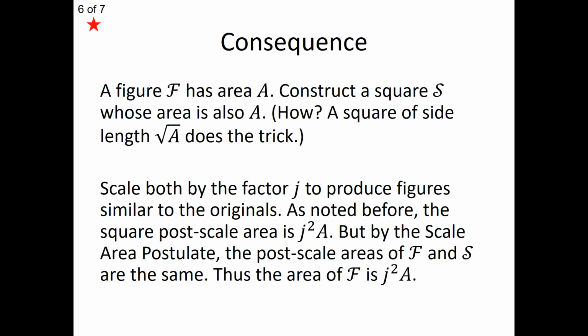Simple: let's give it a side length of the square root of A, which means when we square that, it has the area of A. Now, if we scale both figures by j, to produce figures similar to the originals, we find that the area of the square is j squared times A. So by this scale area postulate, the post-scale areas for both our given figure F and the constructed square S are the same. And that means F also has j squared times A.